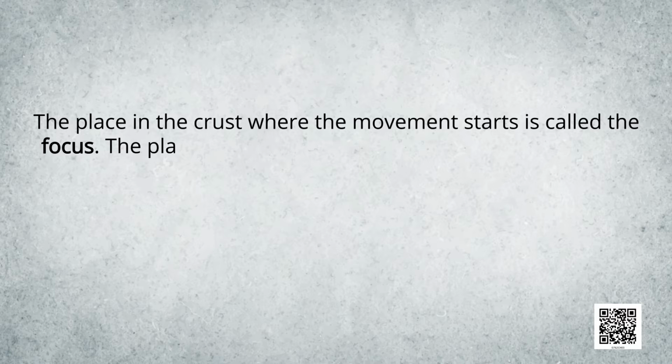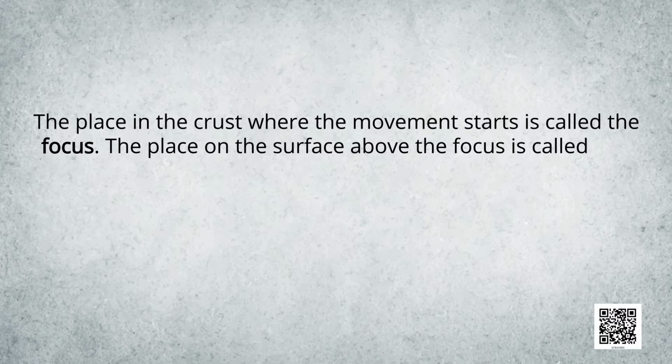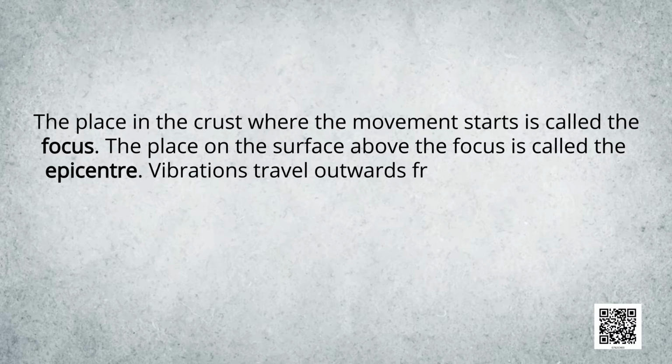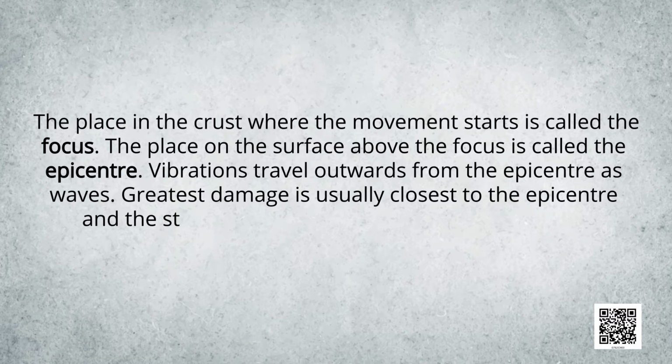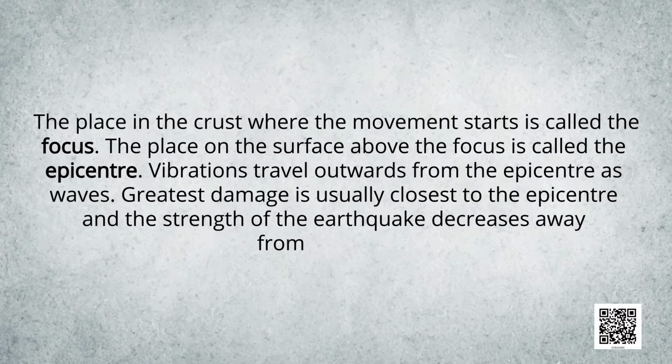The place on the Earth above the focus is called the epicenter. The vibrations travel outwards from the epicenter as waves. Greatest damage is usually closest to the epicenter, and the strength of the earthquake decreases away from the center.